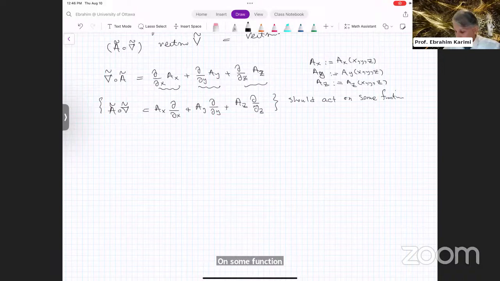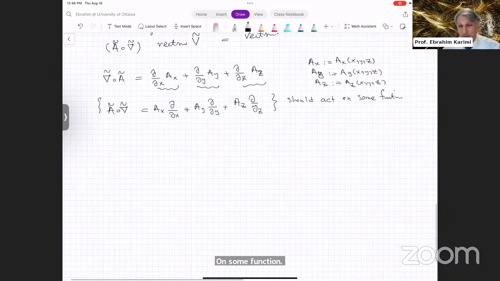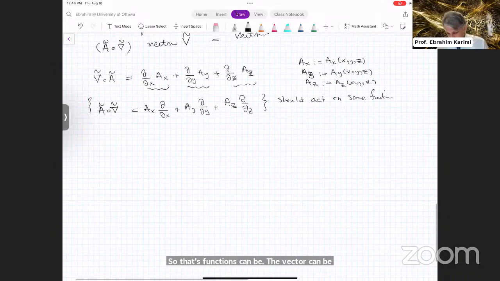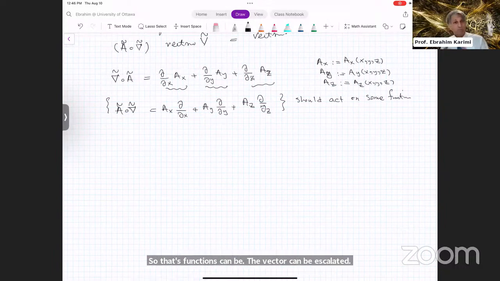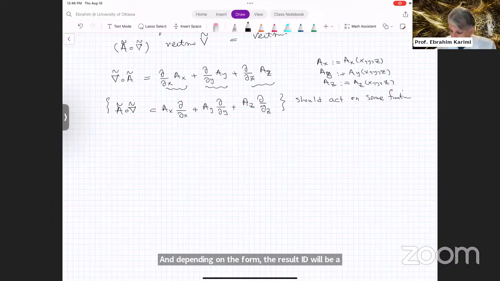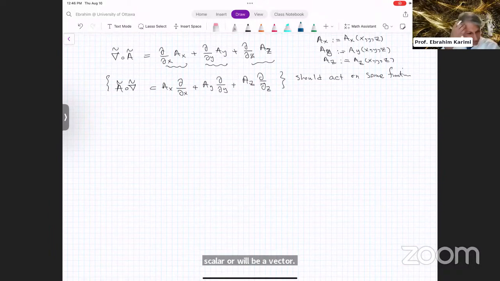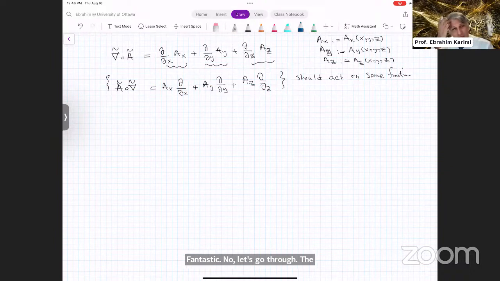That function can be a vector or a scalar, and depending on the form, the result will either be a scalar or a vector. Fantastic. Now let's go through the physical meaning of divergence.